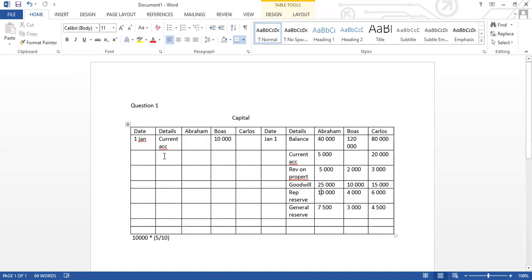So let's write back the replacement reserve. According to this, Carlos is the one leaving. Therefore, we will have to share among Abraham and Boaz. The replacement reserve was 20,000.